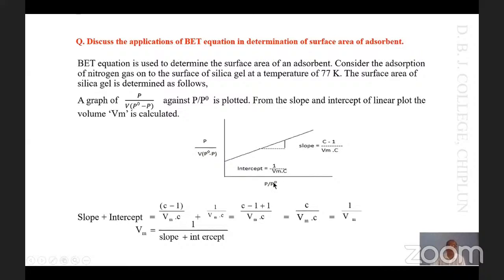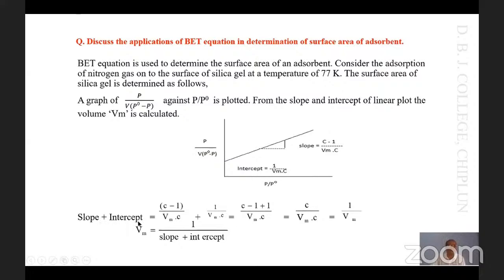You know that Vm is nothing but the volume of gas required to form or to cover a unimolecular thick layer onto the surface of the adsorbent. So Vm can be calculated like this.